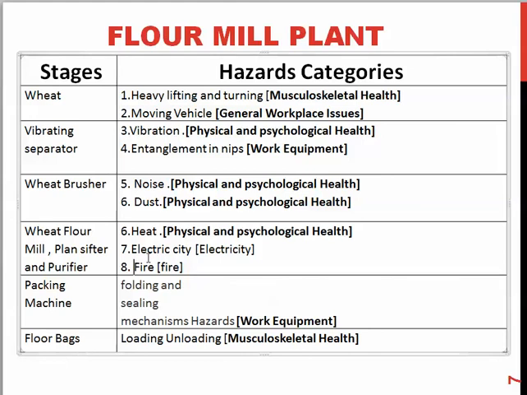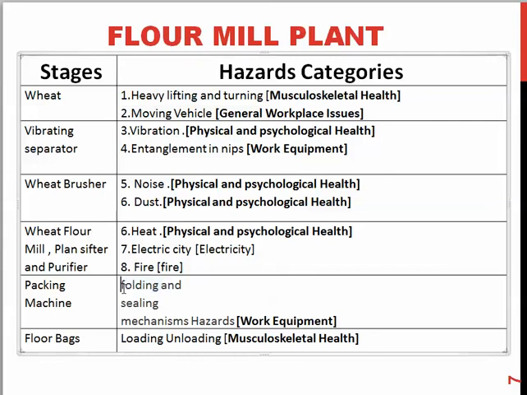So for number 7 electricity, our hazard category types are 4 and fire is 5. Here we have completed the minimum 5 categories requirement in our 8 hazards.